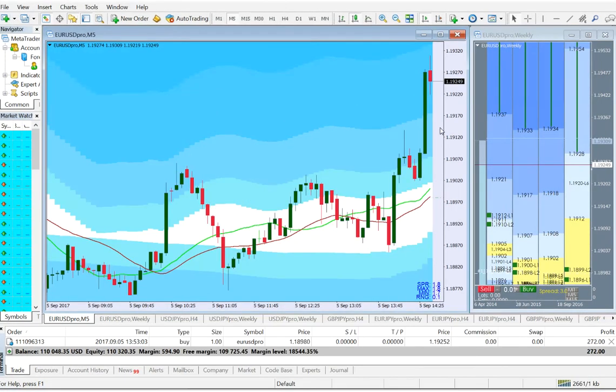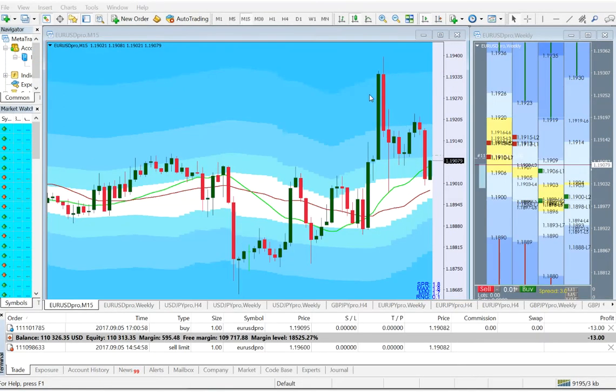So here is our same trade from 1898, and price was at 1925, and I'm just showing you on a 5-minute chart here where we were. And then, so here was price, and now we're looking at a euro dollar 15-minute chart.